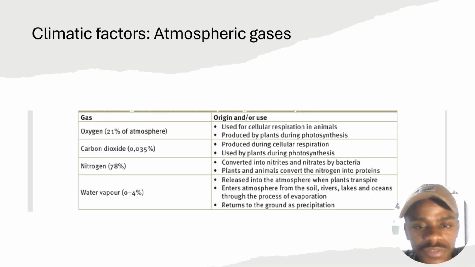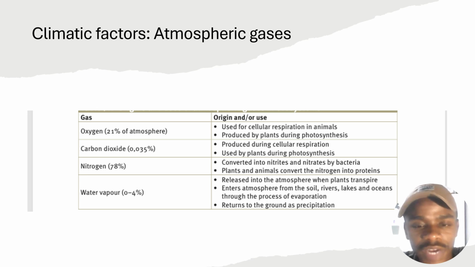We also have atmospheric gases. You learned about these gases in grade 8 natural sciences, when you talked about the atmosphere. We have oxygen, carbon dioxide, nitrogen, and water vapor.